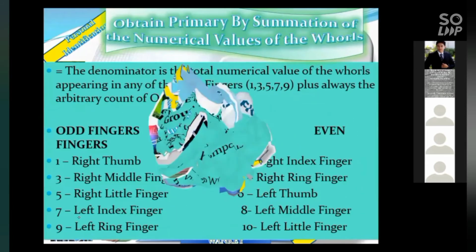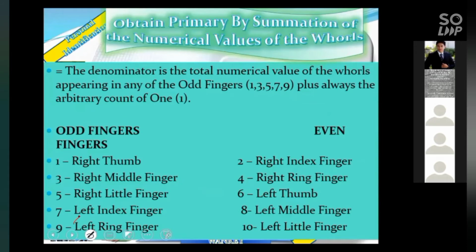Now, ang ating kukuhanin dito ay yung mga whorls lamang. Pero ating tignan muna kung saan ba dito yung even and odd numbers. Okay? The denominator is the total numerical value.